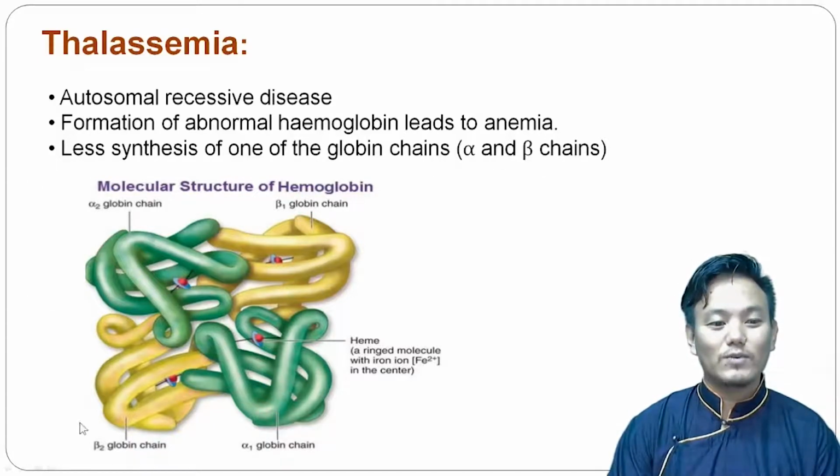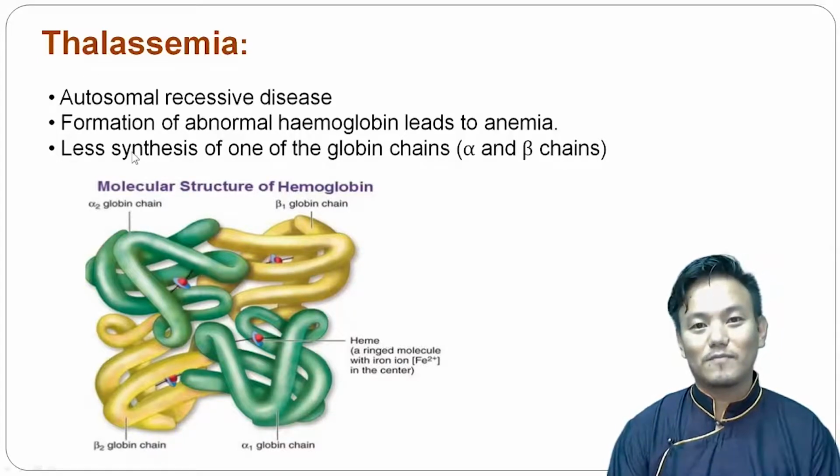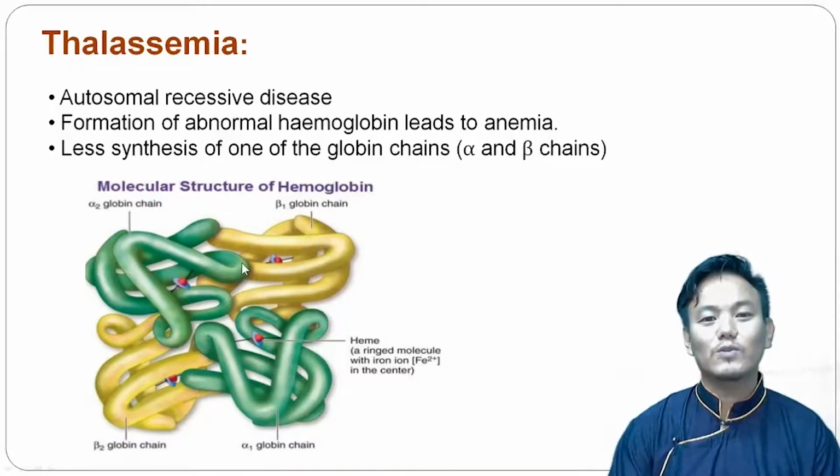I have provided you a picture over here. This is the molecular structure of hemoglobin. You can clearly see that there are 2 alpha globin chains and 2 beta globin chains. Less synthesis of these globin chains will lead to thalassemia. These globin chains are proteins, and the synthesis of these proteins is controlled by genes.